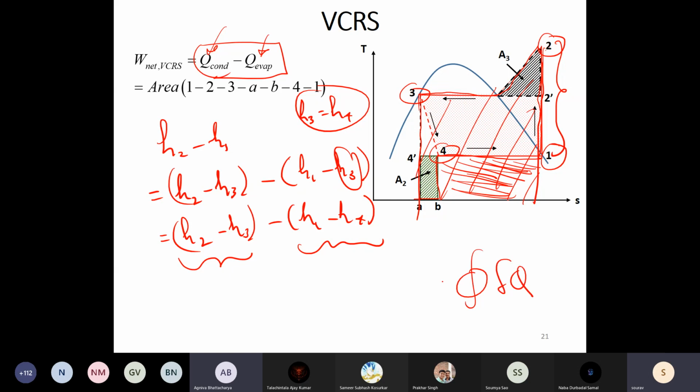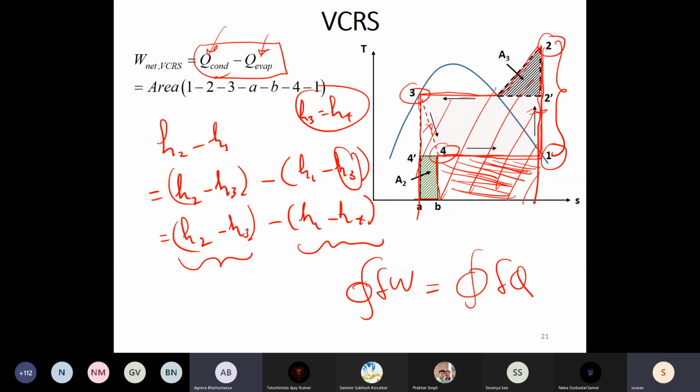Del Q is del W. There is some heat transfer here on the condenser side. There is some heat transfer here on the evaporator side. No heat transfer in the throttling valve. No heat transfer in the work consuming device. Okay. No work transfer in the throttling valve also. So the only work transfer device is the compressor.